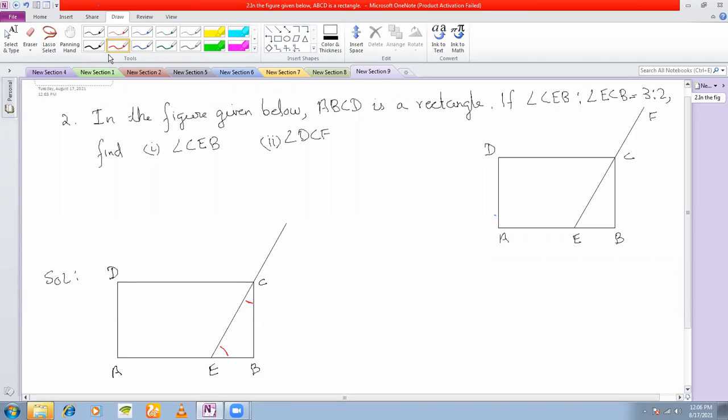What is the ratio given? 3:2. If the ratio is given as 3:2, then I can take angle CEB as 3x, and angle ECB as 2x, right? So let's write here with a pencil, CEB is 3x and ECB is 2x, right? Now, also what we know is that since ABCD is a rectangle, all the interior angles are 90 degree.